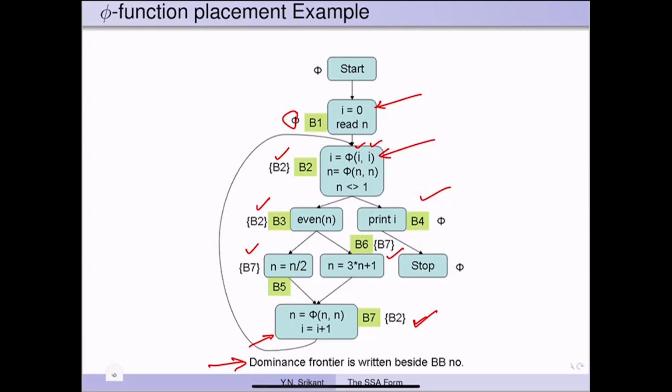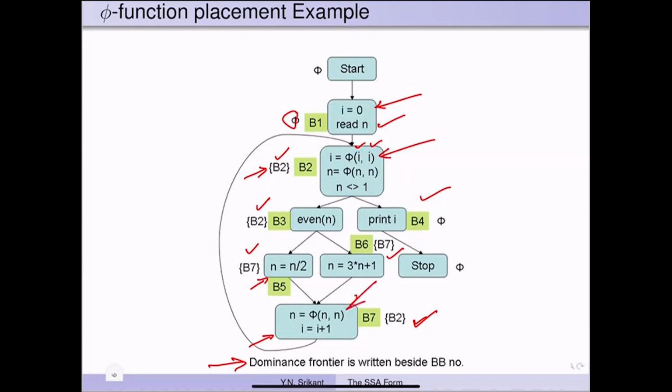Now, B2 itself does not give you anything extra because B2's dominance frontier is just B2. So iteration does not give you extra. Now take the n. Again, B1 and n do not yield anything. Now B5 and n yield B7.